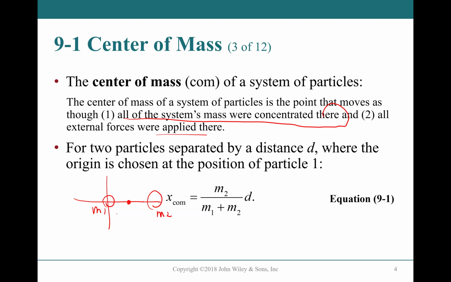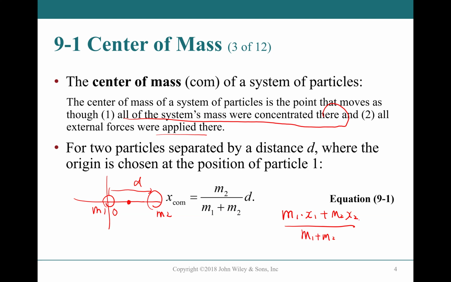If this is 0 and this is D, we use M1 times the coordinate x1 plus M2 times the coordinate x2, which is D here, divided by M1 plus M2. So the center of mass is like measuring the average location of the masses. It gives you the average location of the mass distribution.